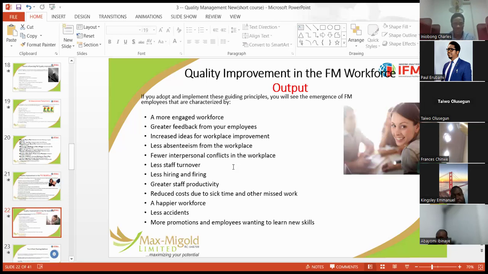A happier workforce, fewer accidents, more promotions, and employees wanting to learn new skills. So if you engage your employees very well, using all those quality improvement steps, this is the outcome. You have more employees wanting to be part of the system.